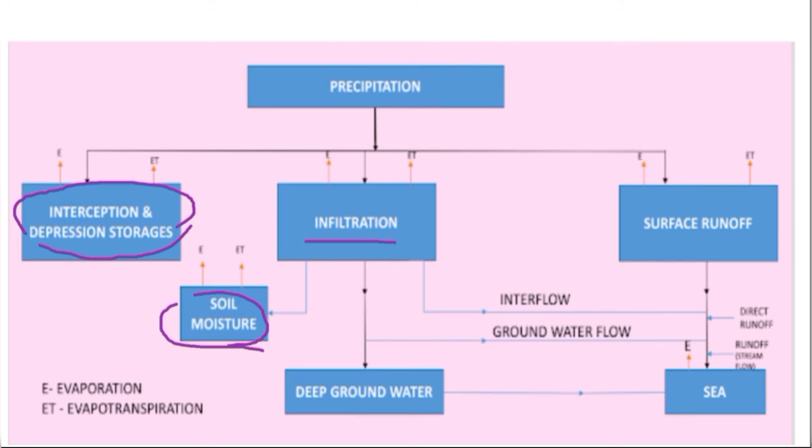Then, as I told you, some portion will be held by capillarity at or near the ground surface. So we can see here interflow, then some portion will percolate and join the groundwater table, so it will be groundwater flow, and the remaining portion will join deep groundwater.